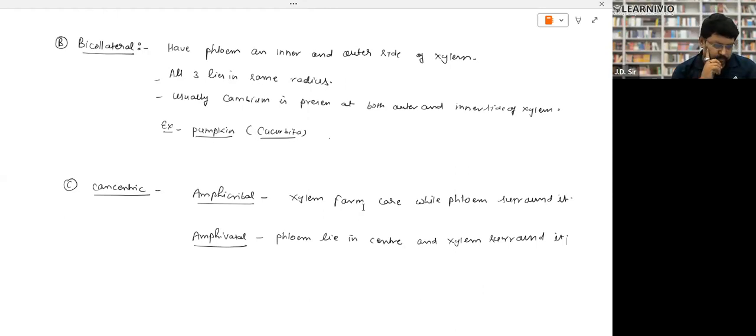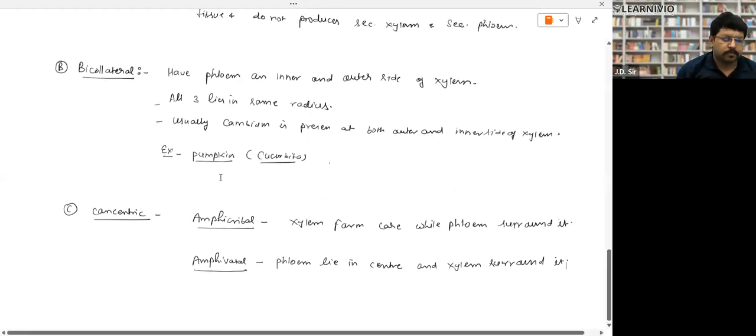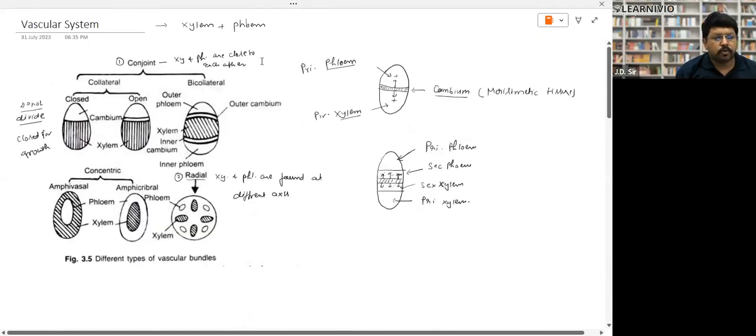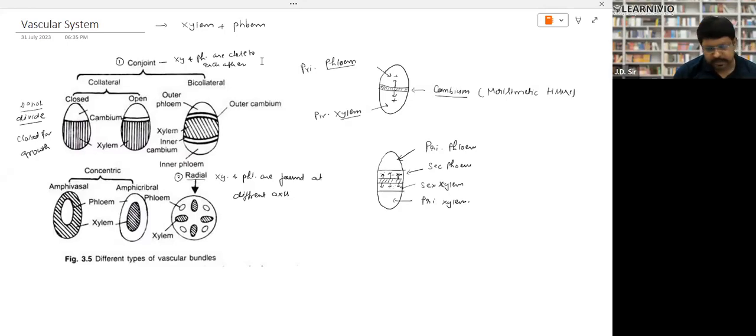Done, sir. Okay. So this was all about the vascular bundle, right? Hope it is clear to you. Still, if you have any doubt, please ask me. Then I'll go ahead. The rest of the things are very easy, they are diagram based questions. The only thing we need to understand is secondary growth. So go through it and tell me if you have any doubt.